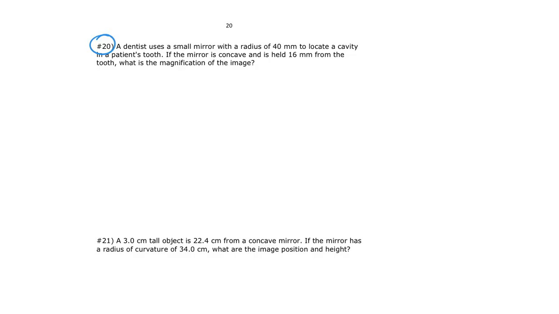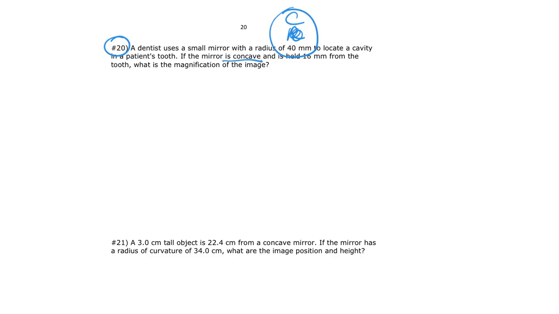We're back to mirrors. So here's the radius. That's the curvature. Mirror is concave. So a concave mirror is going to be a positive F, positive DI, positive C. It's held 16 millimeters from the tube. Okay, that's DO, 16 millimeters, because that's how far the object is from the mirror.